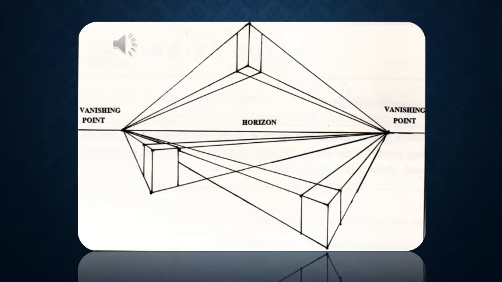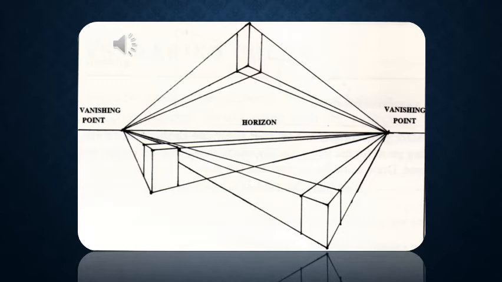Okay, in this slide we also see two vanishing points, and one horizontal line, and three cubes which are made by these vanishing points. Over here we are going to see about the distance value of the object to the vanishing point.